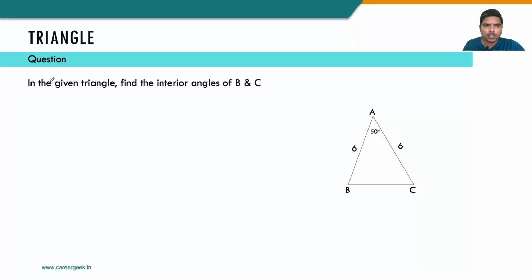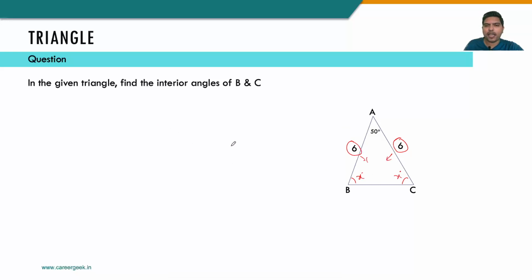We'll solve a few questions. In the given triangle, find the interior angles B and C. Now, when you see this, two sides are equal, that means their opposite angles have to be the same.